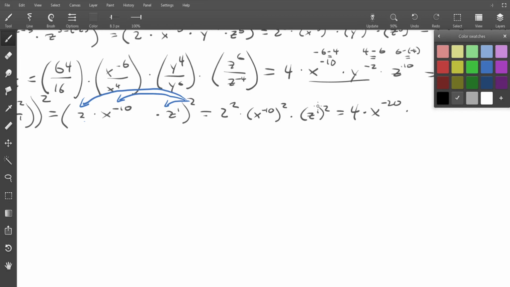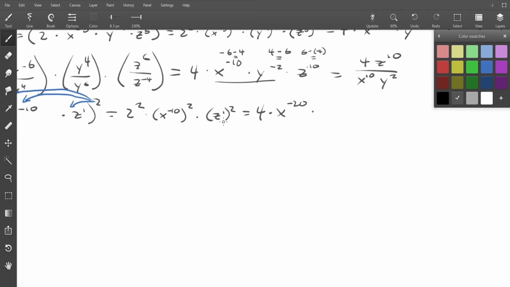And then z to the power of 1 to the power of 2 is actually just equal to z squared, or you can think of it as z to the 1 times 2, which is just 2. So this will be z squared. And then lastly, we see that we have this negative exponent here, so we'll put that in the bottom and make that exponent positive.